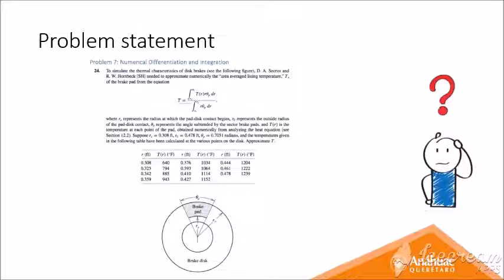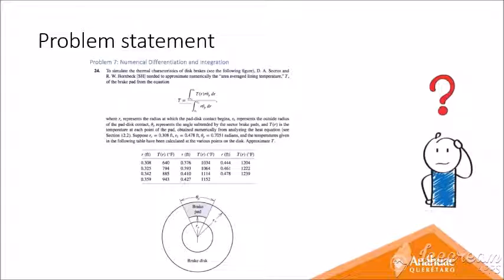R0 represents the outside radius of the pad disc contact. Angle P represents the angle subtended by the sector brake pad, and TR is the temperature of each point of the pad.